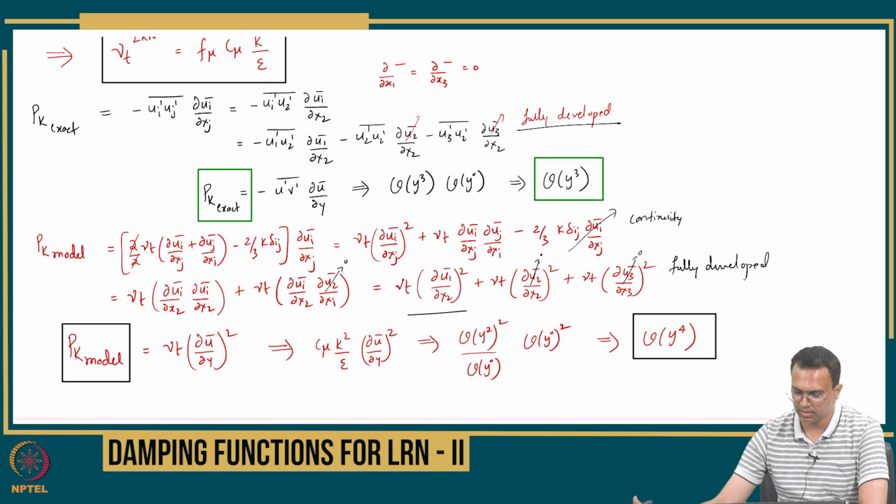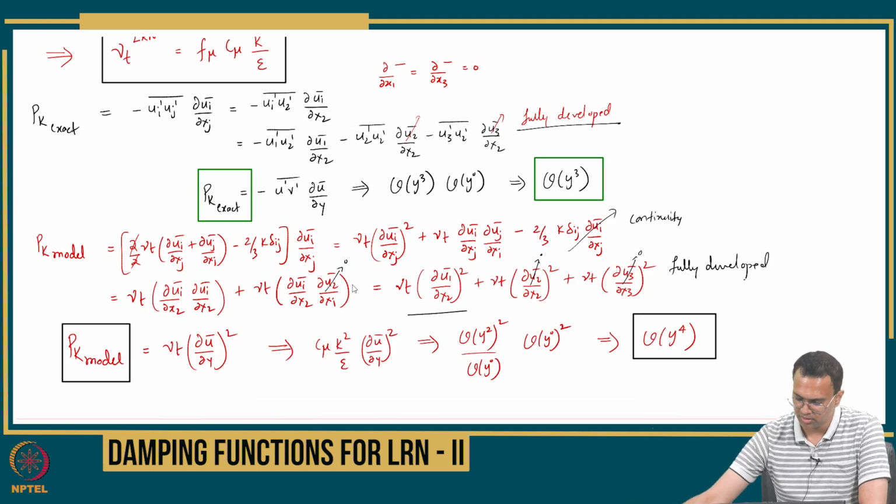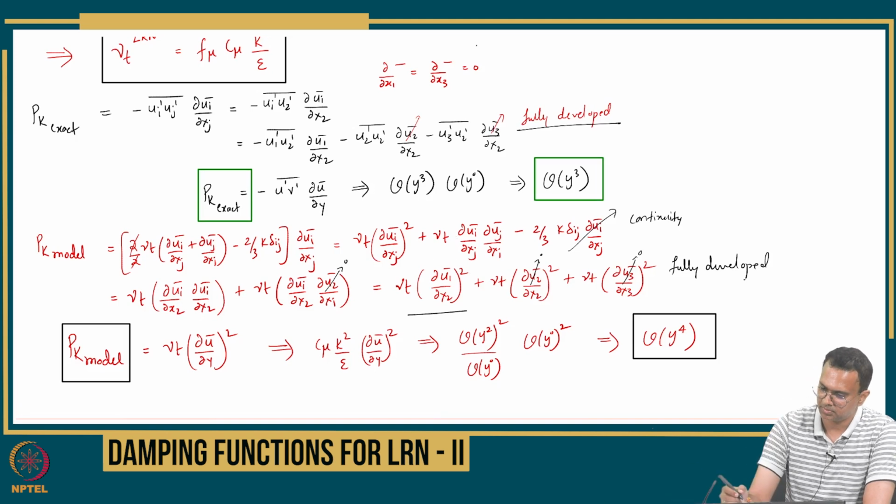So let's compare the exact and the model term. The exact term has y cube behavior, the model term has y raised to 4, and there is an eddy viscosity term luckily. So nu t LRN will have 1 by y behavior, making it y cube behavior, right? So I can simply introduce nu t LRN. The nu t LRN can help here.